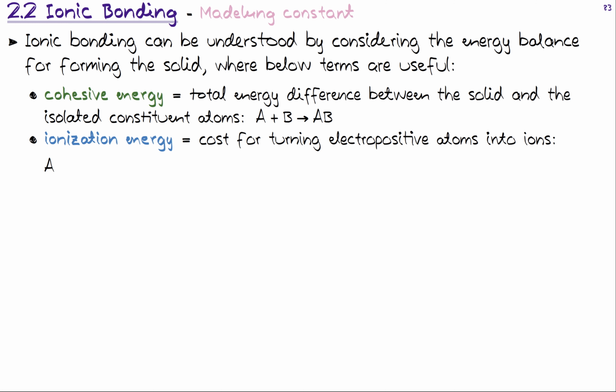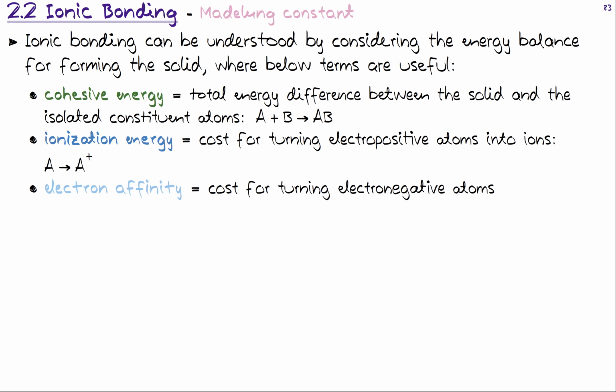So equation-wise, that's the cost when we take atom A and turn it into an electropositive ion, A+. And similarly, electron affinity, but please note the sign change in the energy cost, is the cost for turning electronegative atoms into ions, so from B into B minus.